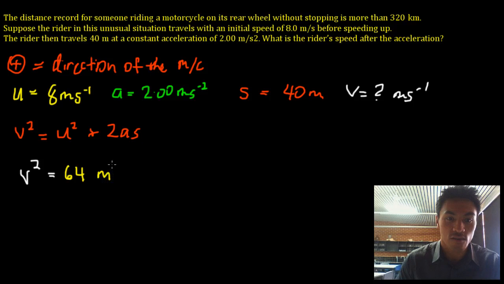If we square the units as well, meters squared, squaring just multiplies that exponent, so that'll be meters squared seconds to the negative 2. We add that to 2as.